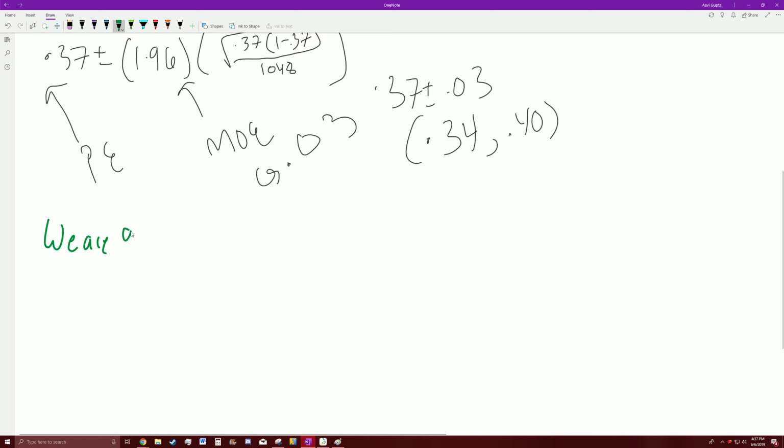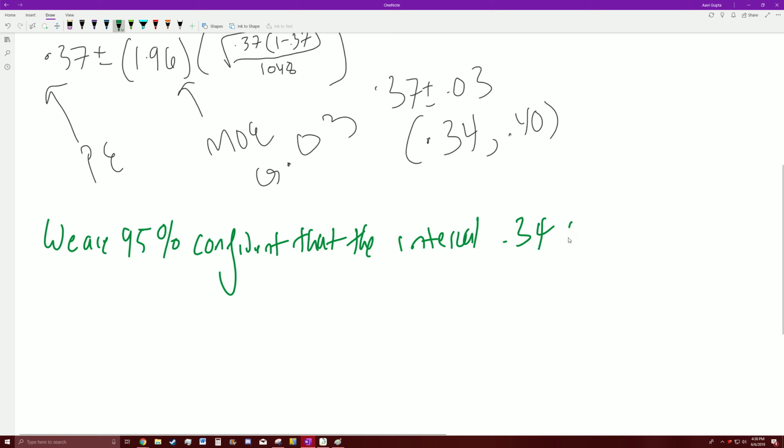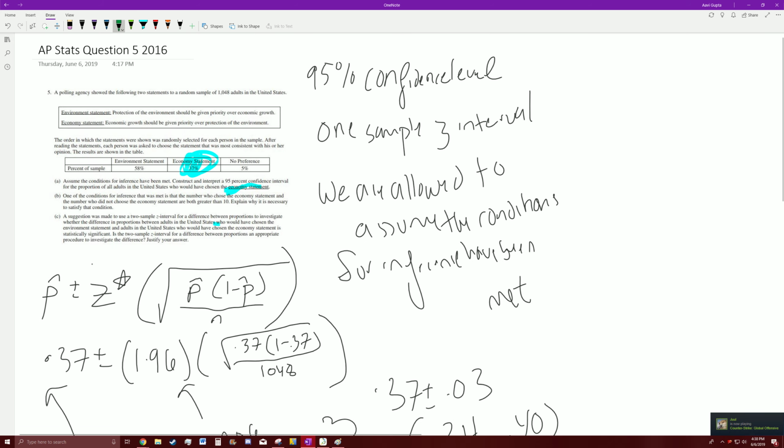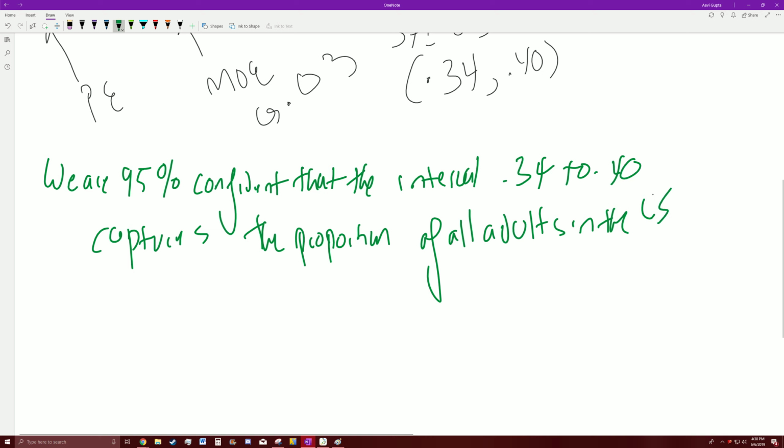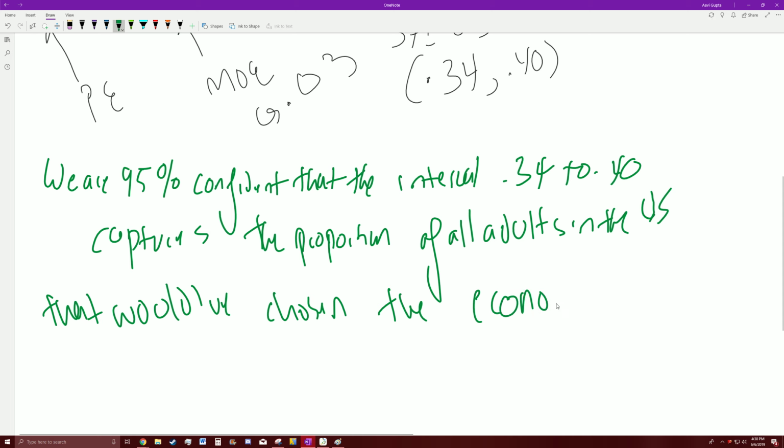So now you can say: we are 95% confident that the interval 0.34 to 0.40 captures, and I'm taking the rest of this statement directly from the question, the proportion of all adults in the U.S. who would have chosen the economy statement.